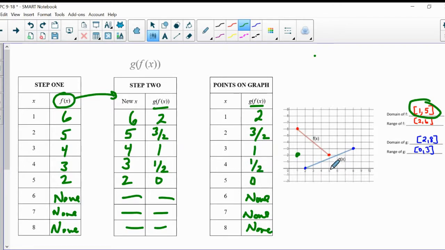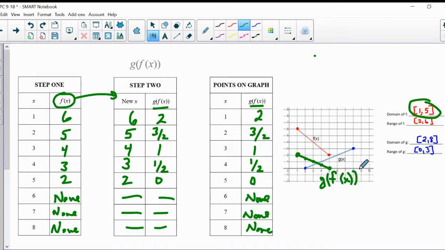And so when I look at this, I have all the points (1, 2), (2, 3/2), (3, 1), (4, 1/2). I get this line. And so this line ends up being g of f of x.